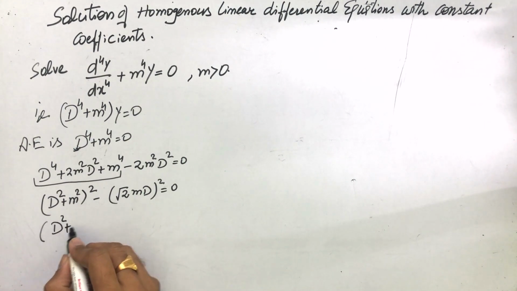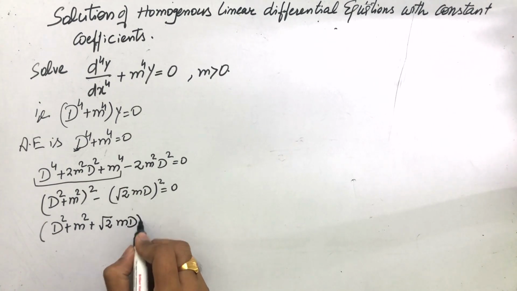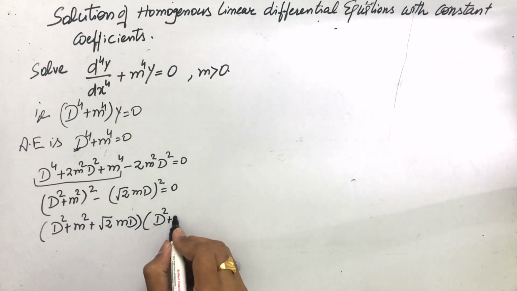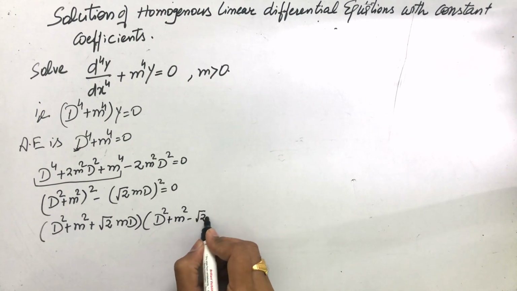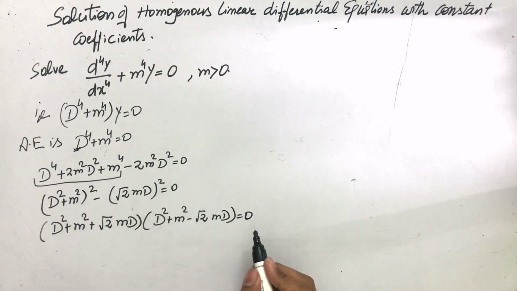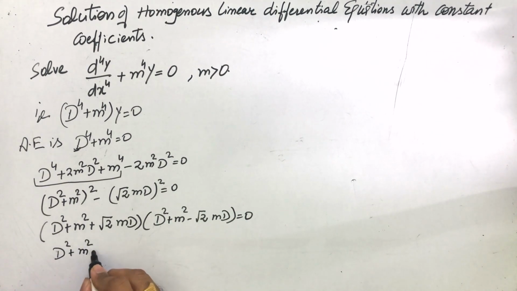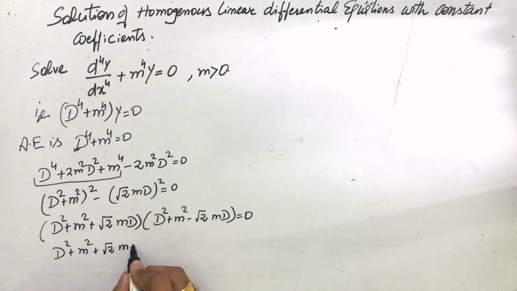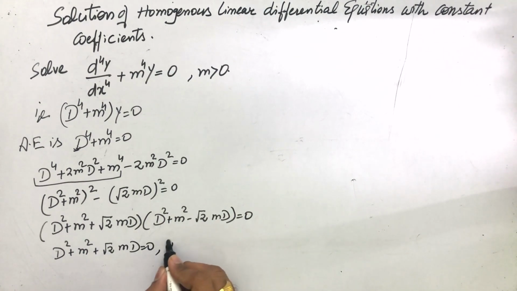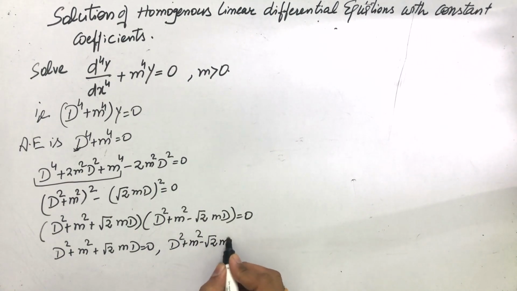D square plus m square plus root 2 mD, and D square plus m square minus root 2 mD equals 0. Now from these factors, very easily we can write that D square plus m square plus root 2 mD is 0, and also D square plus m square minus root 2 mD is 0. So this can be solved using the discriminant method.